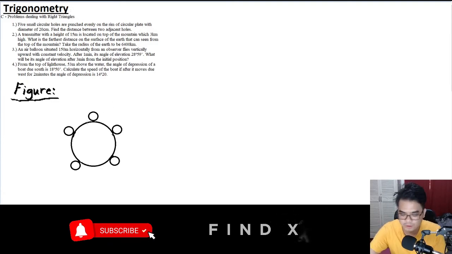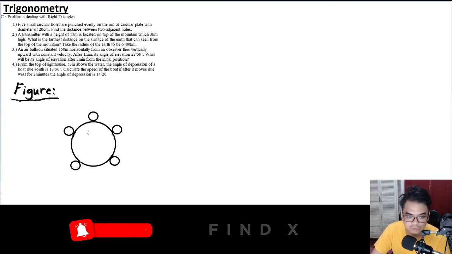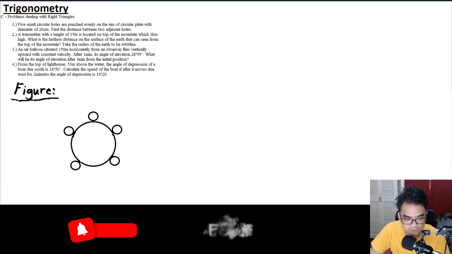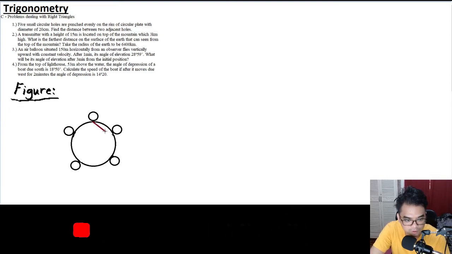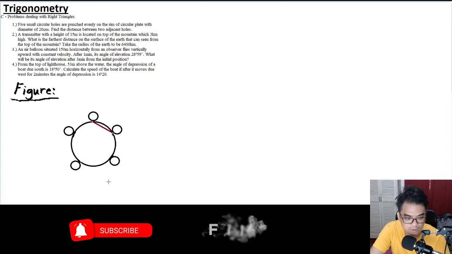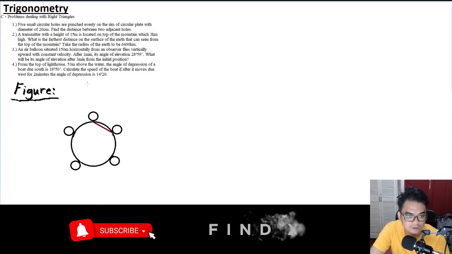And then we are asked to find the distance between two adjacent holes. So we are asked to find this distance, from here to here. Let's say that this is the center.